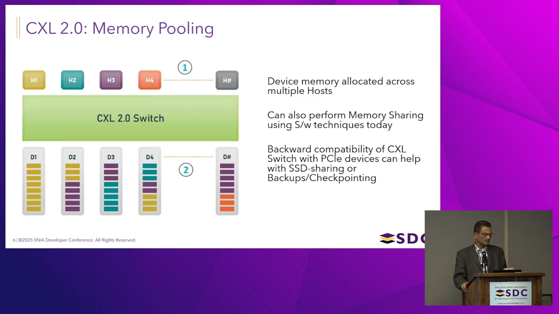But now in this day of AI, some people have shown already, and I'm going to show you one other example which one of the member companies is working on using the memory pooling concept, right? And then just looking at the picture, you can think of my other comment there. Backward compatibility: the CXL switch is also, so today this company, XCon, they have this switch chip in the market, and it is backward compatible, meaning you can put PCI devices or SSDs even over there.